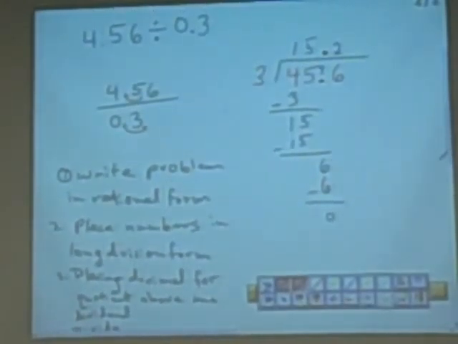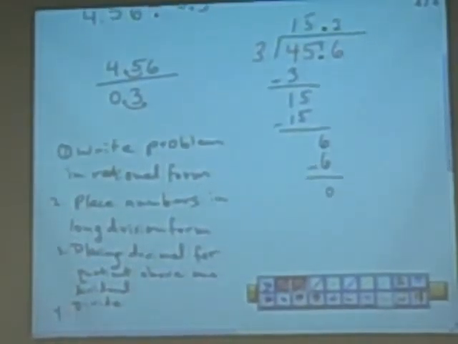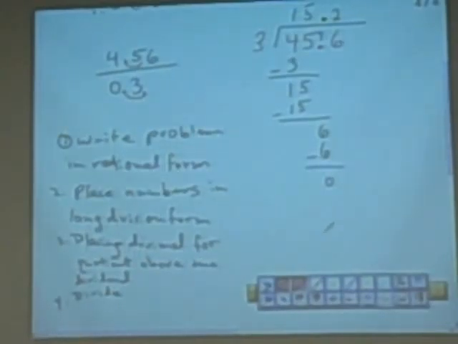Well, if you're not careful, you could just as easily put 1.52. You know, of course that would be incorrect. So, just to show you how critical that is, on a number line, here's 0, here's 1, here's 15.